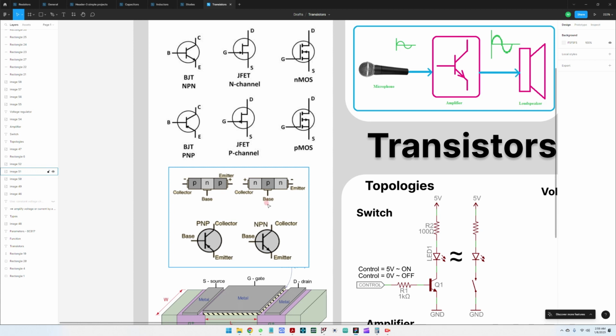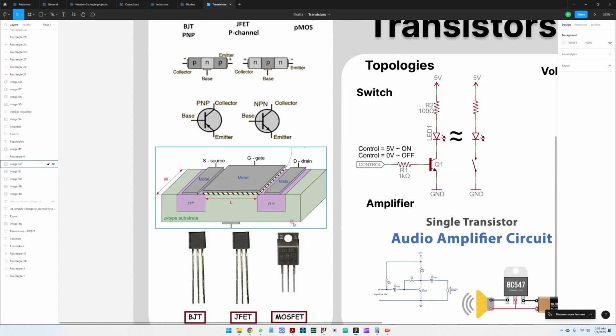So if you have a current going from the base to the emitter, this will connect the two N layers, and here you would conduct current. Going forward a bit, you can see that these are current driven, so they are diodes.